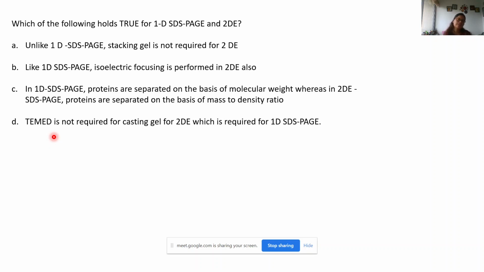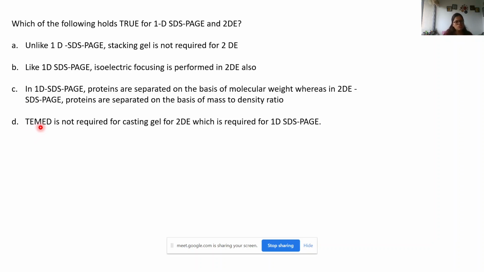Any guesses? So, TEMED, we have already discussed in an earlier question, right?